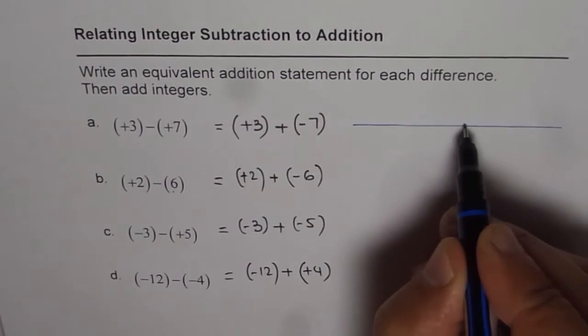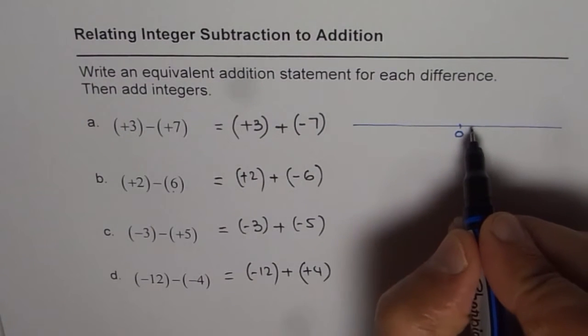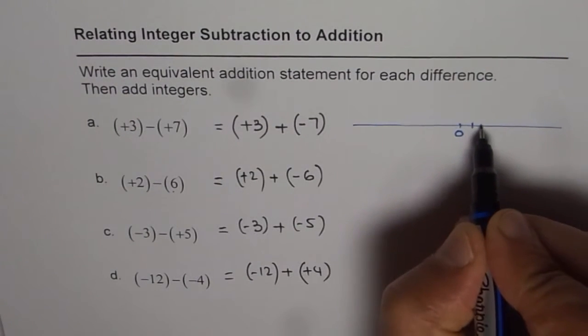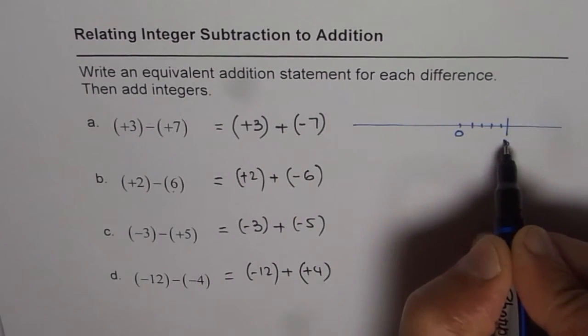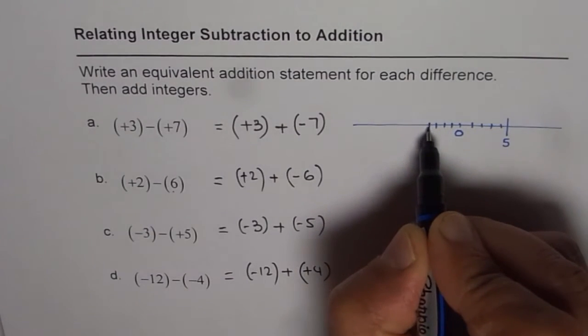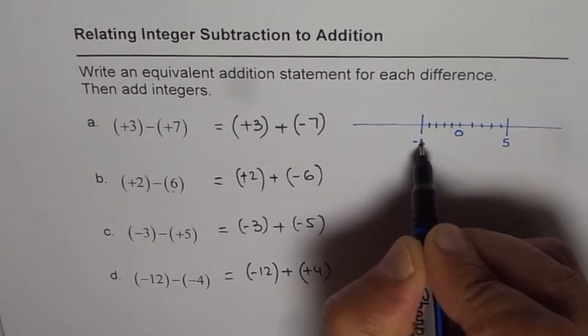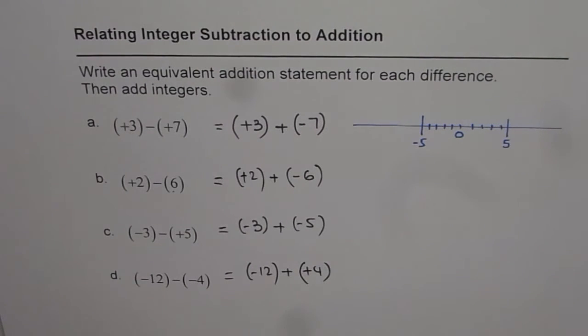So let's first add on a number line. So here's a number line. Let's say this is 0, and our divisions are 1, 2, 3, 4, 5. So this is 5 on the positive side. This is minus 5. So every number on the left is negative, right? So let's start with the addition, which is plus 3 plus minus 7.